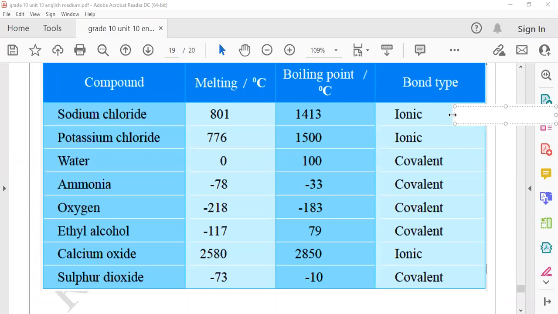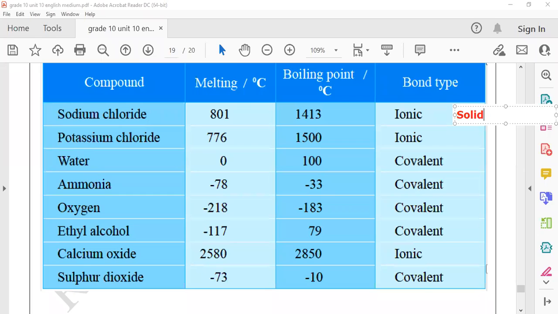Solid, correct? Both are greater than 25 degrees Celsius.